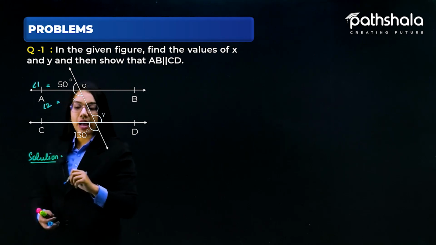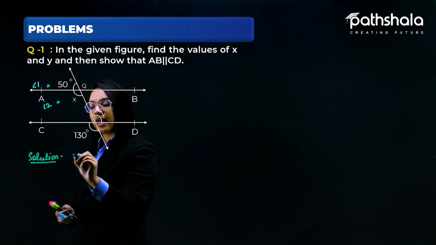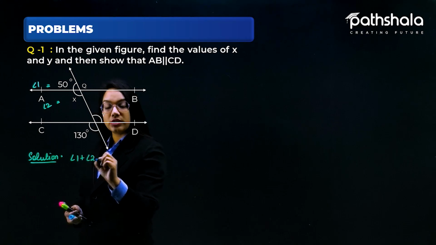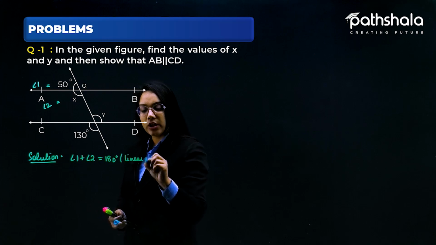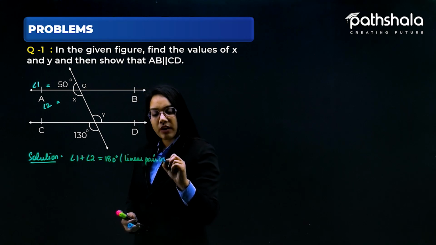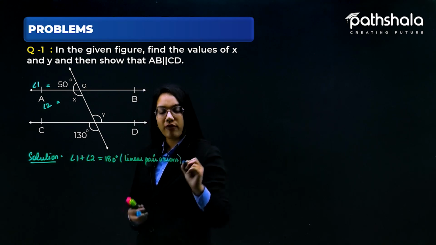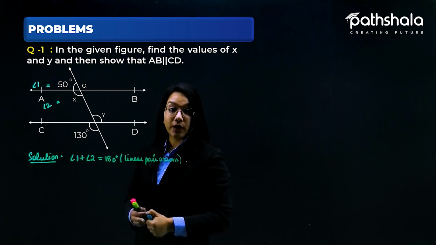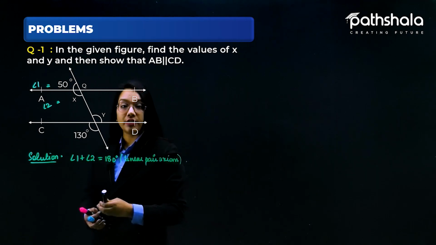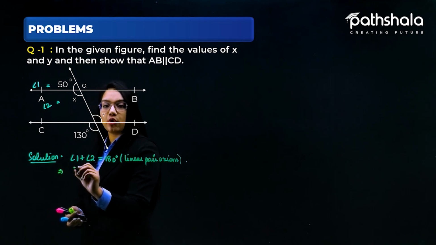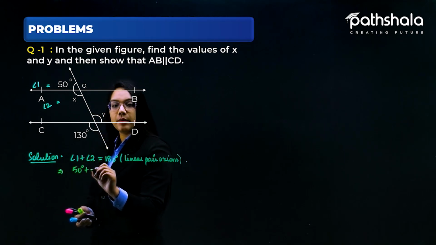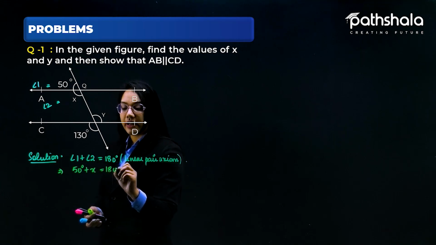So I can say that angle 1 plus angle 2 is equal to 180 degrees because of the linear pair axiom. They are forming an angle of 180 degrees altogether. Let's substitute the values over here: 50 degrees plus x is equal to 180 degrees.